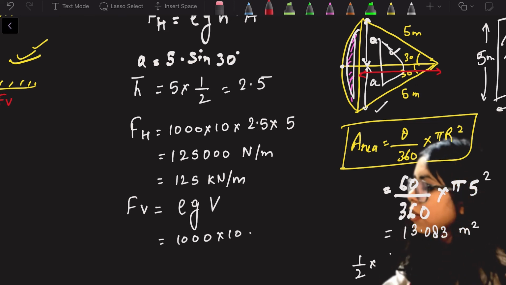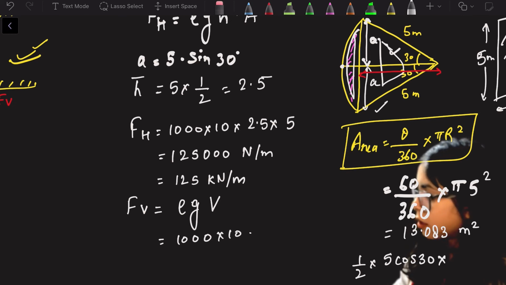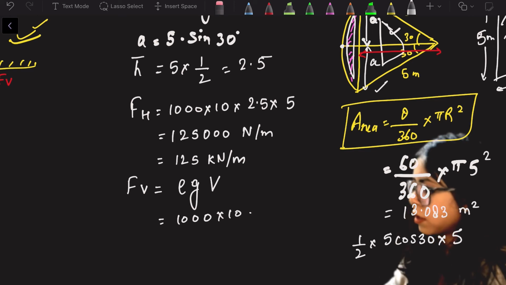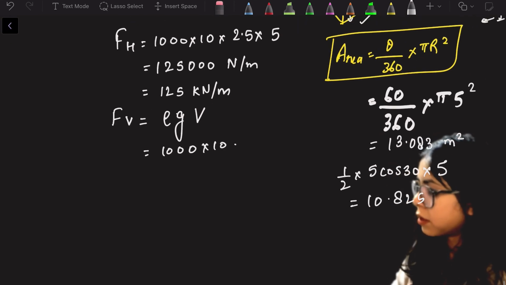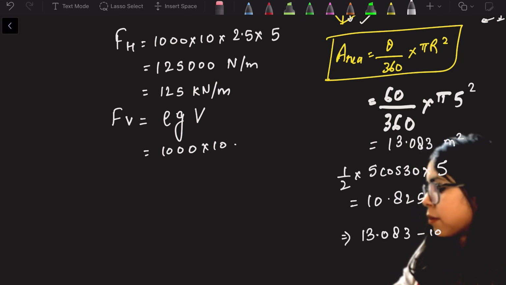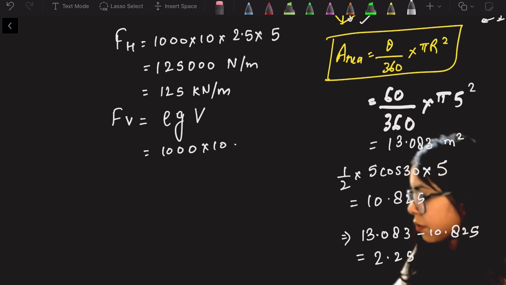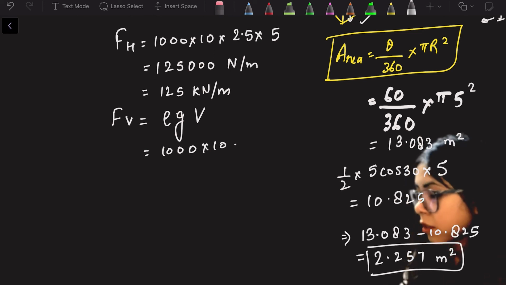So this is nothing but 5 cos 30, into 5 cos 30 into height, total height is 5 meter of the triangle. So I get this as 10.825. So I get the resultant area as 13.083 minus 10.825. That gives us 2.257 meter square. So this is the resultant area that got displaced.